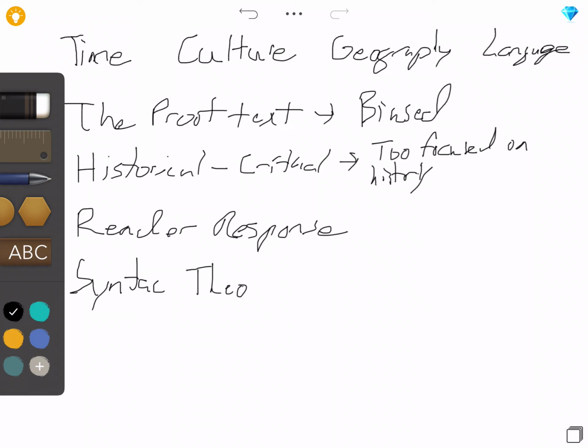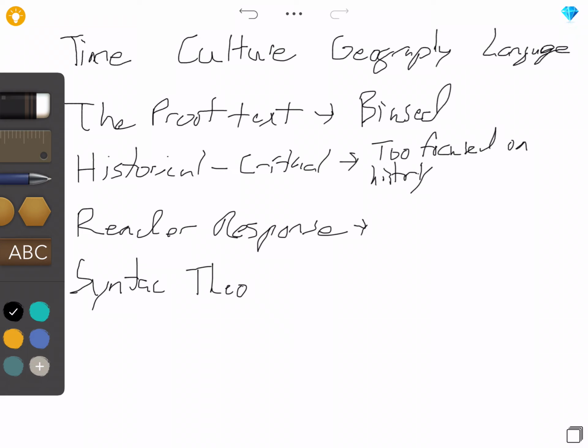The reader response model uses the historical critical method to help determine what the text means, but its full focus is on how what the text is saying can be applied to society now.